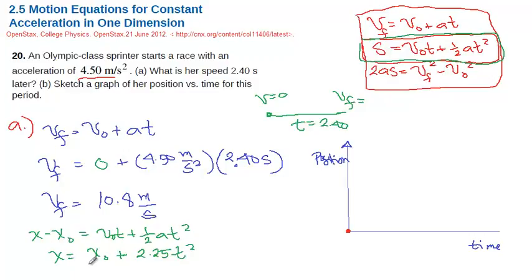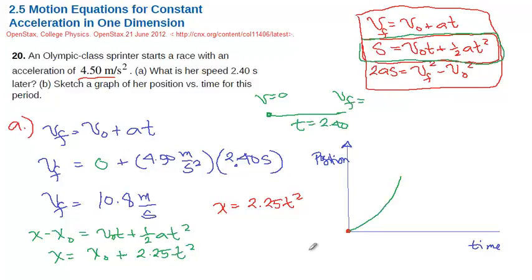And xo, by the way, we're assuming is 0, meaning at the start it starts from x equal to 0. So the position x will just be 2.25 t squared. Now if you know algebra and have gone through graphing, this is a parabola opening upward.